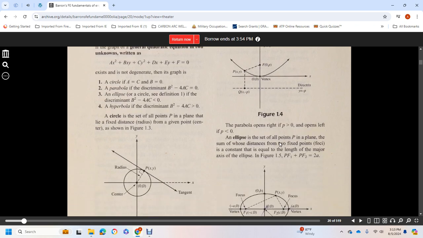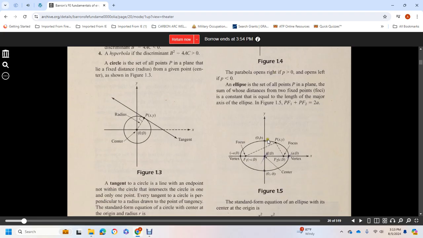An ellipse is the set of all points P in a plane for which the sum of the distances to two fixed points, the foci, is a constant equal to the length of the major axis of the ellipse. In figure 1-5, PF1 plus PF2 is equal to 2a. It shows the focus, the center, F1 at (negative c, 0), F2 at (c, 0), the foci and the vertices.